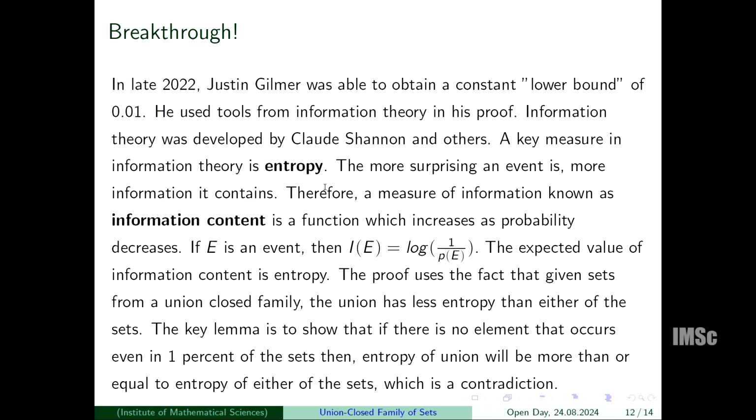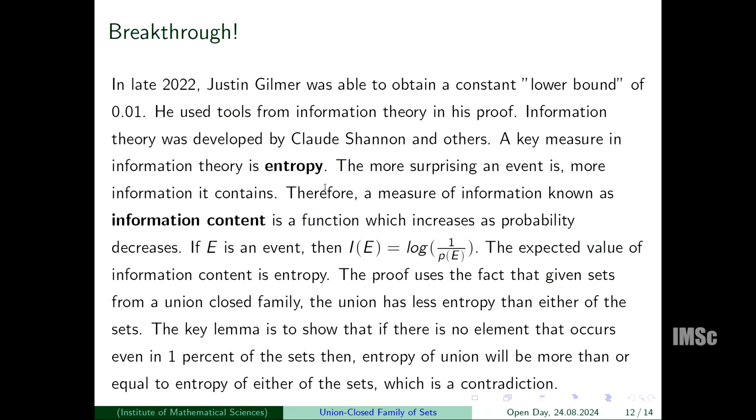The higher the probability, the more likely an event is to happen, and we just learned that the more likely an event is to happen, the less information it gives you. So information content needs to be a function that increases as probability decreases. This is how the information content is defined. You can see the formula there, and the expected value of information content is entropy.